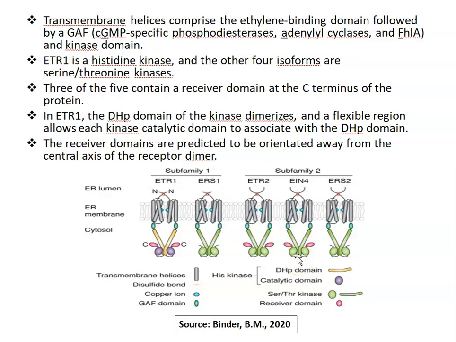Now, in ETR1, the DHP domain of the kinase dimerizes, and a flexible region allows each kinase catalytic domain, this purple one, to associate with the DHP domain. Now look at this structure. Receiver domains are predicted to be oriented away from the central axis of the receptor dimer, right?